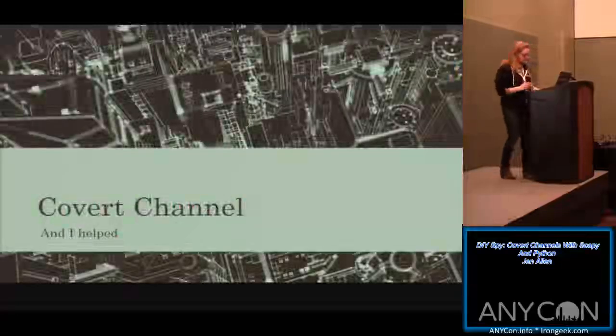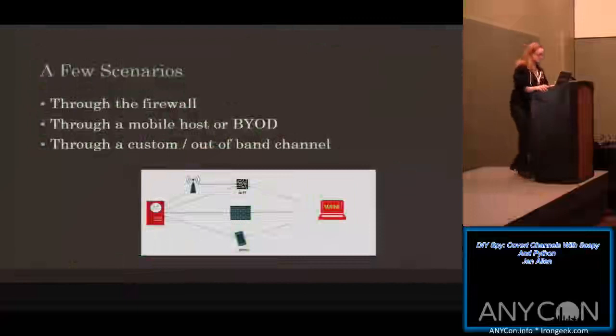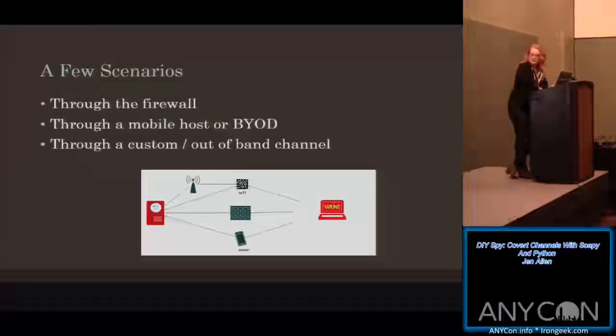Okay, so let's get to the covert channel piece. So a few scenarios that I want to talk about, and I'm really going to focus on the firewall and an out-of-band or IoT channel, but we have a lot of situations that we can use to our advantage.